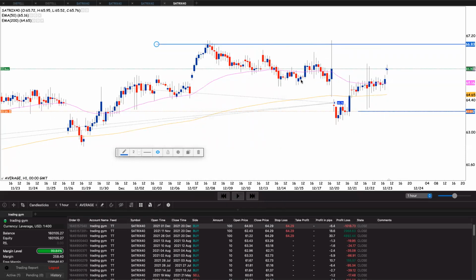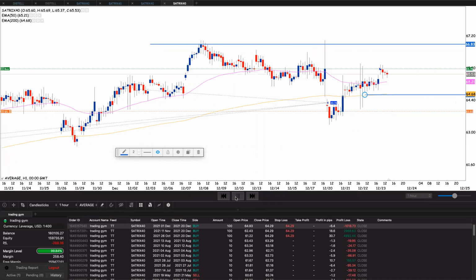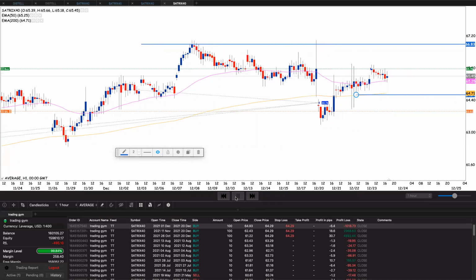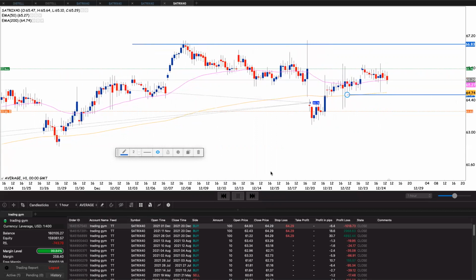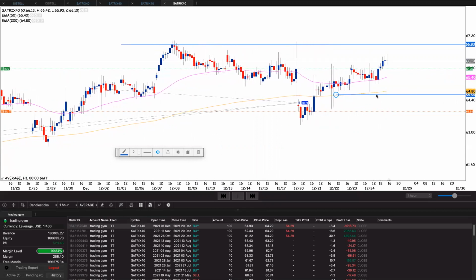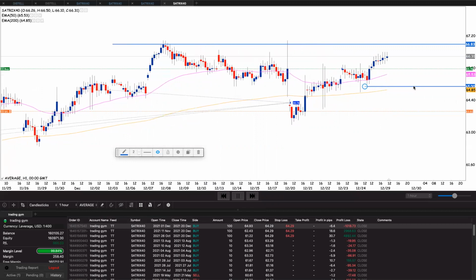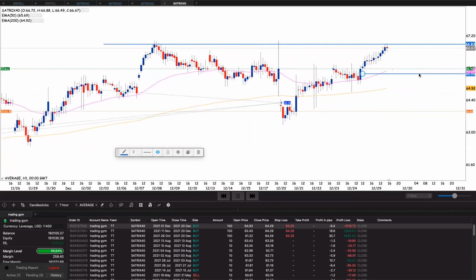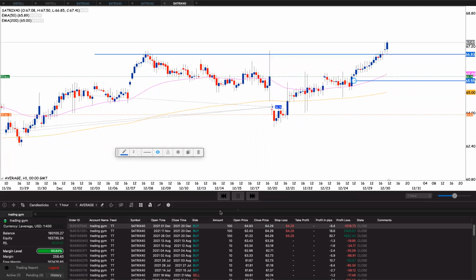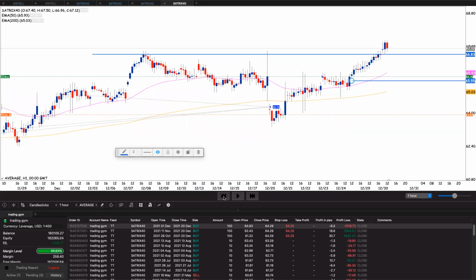When it breaks there, I want to be raising my stop loss again. So for now, that target would be 64.65. Let's see what happens. If I get a nice high, place a stop loss, maybe there, maybe there.